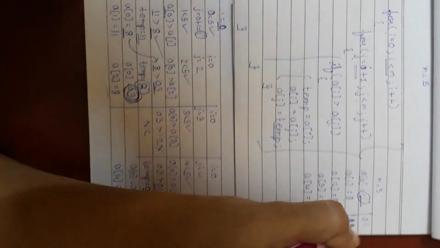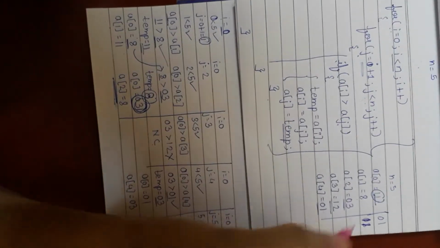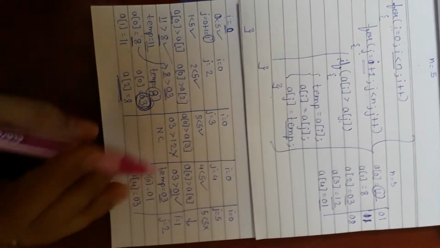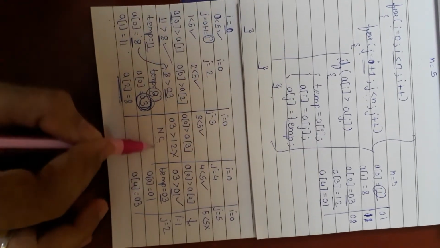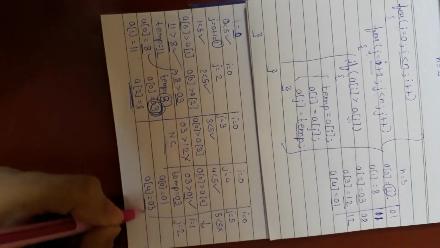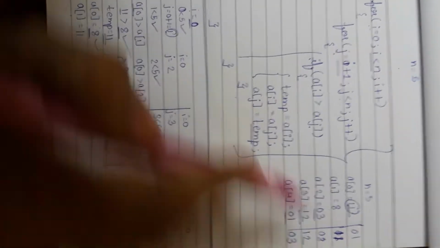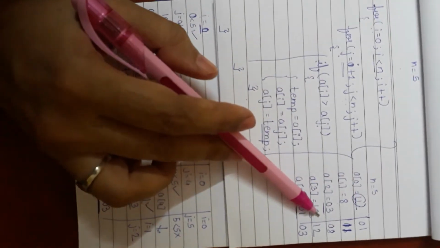So this is your new array, 11. Then a of 2, just see this execution, a of 2 is 08. Then a of 3 is not changed because there is no change, so a of 3 will remain 12 only. And a of 4, at the last execution, we got 03. So this will be your new array, which we will consider for the next iteration.